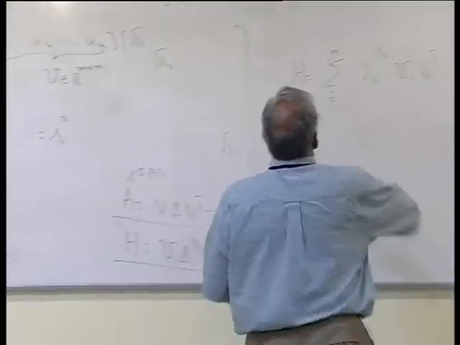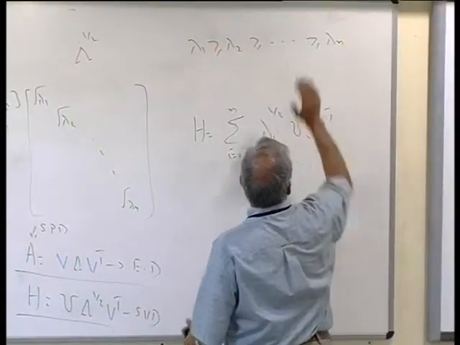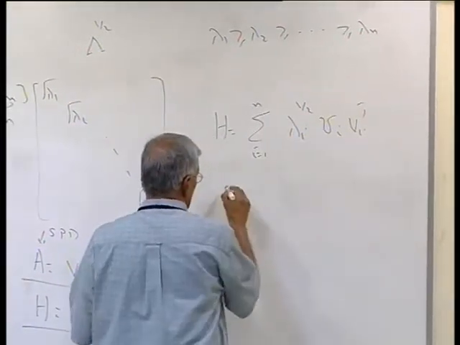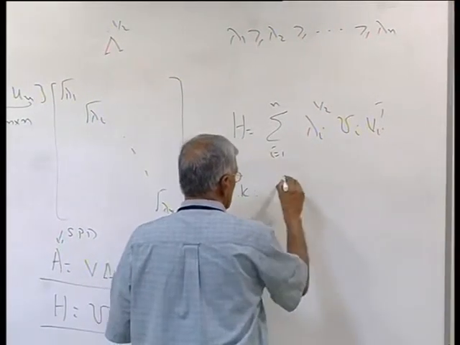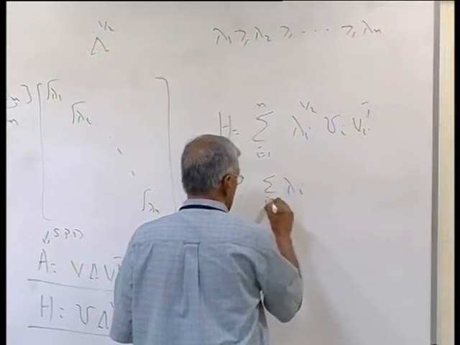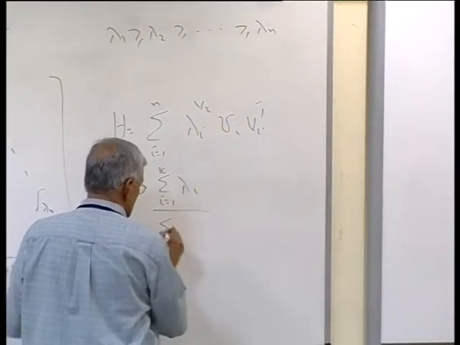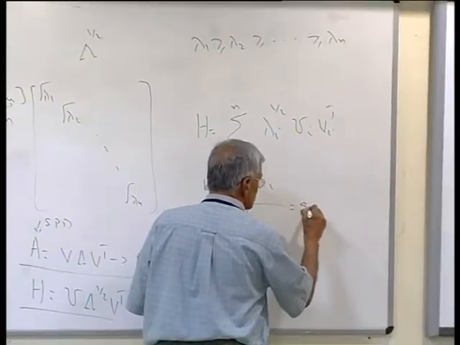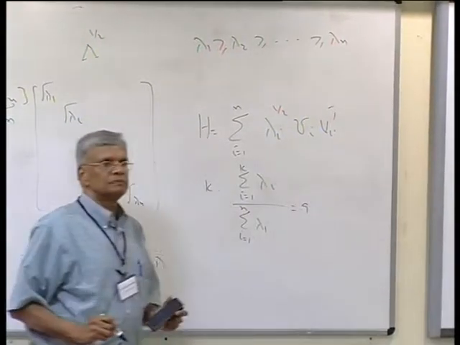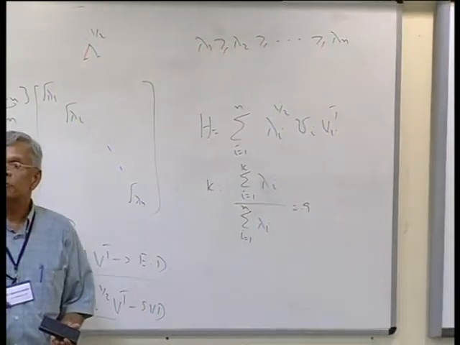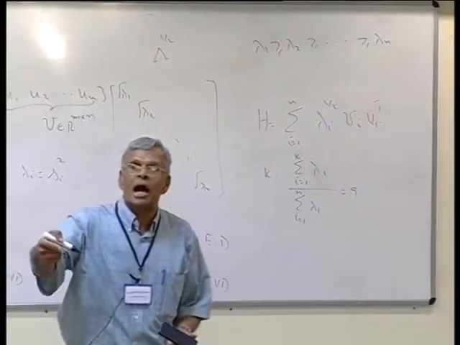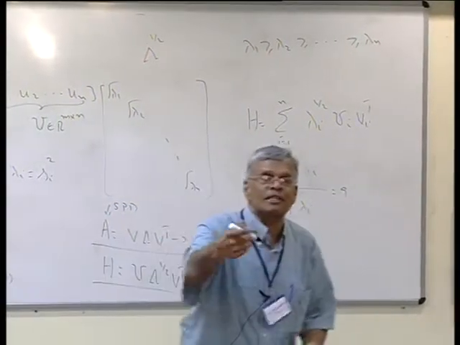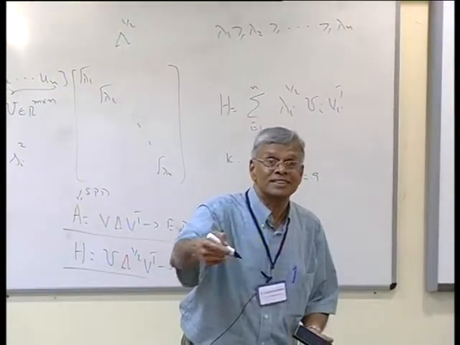And if you order this, you can ask, find a case such that the summation of lambda_i, i equal to 1 to k, divided by the summation of lambda_i, i equal to 1 to n, is equal to 90%. All with me? You saw the 80% dog. You saw the 50% dog, didn't you? Come on, guys.